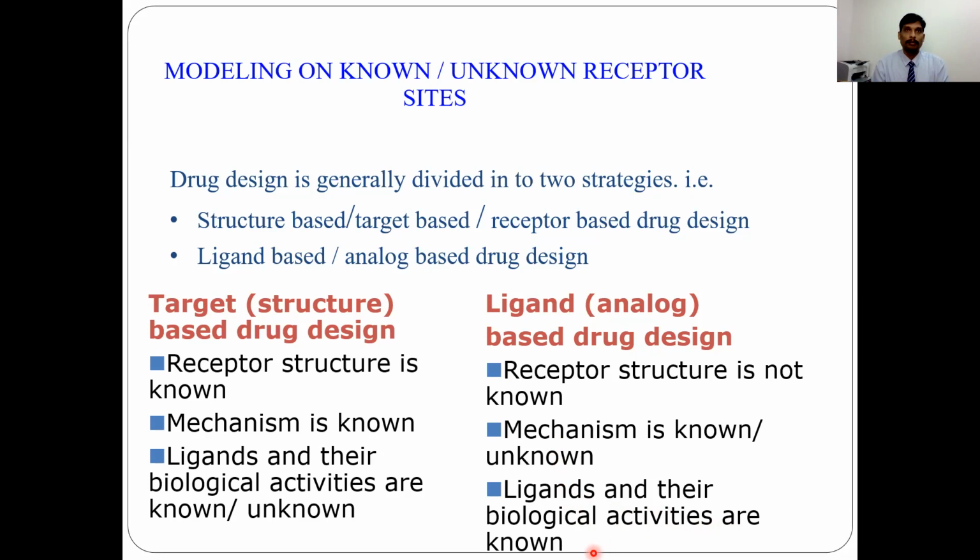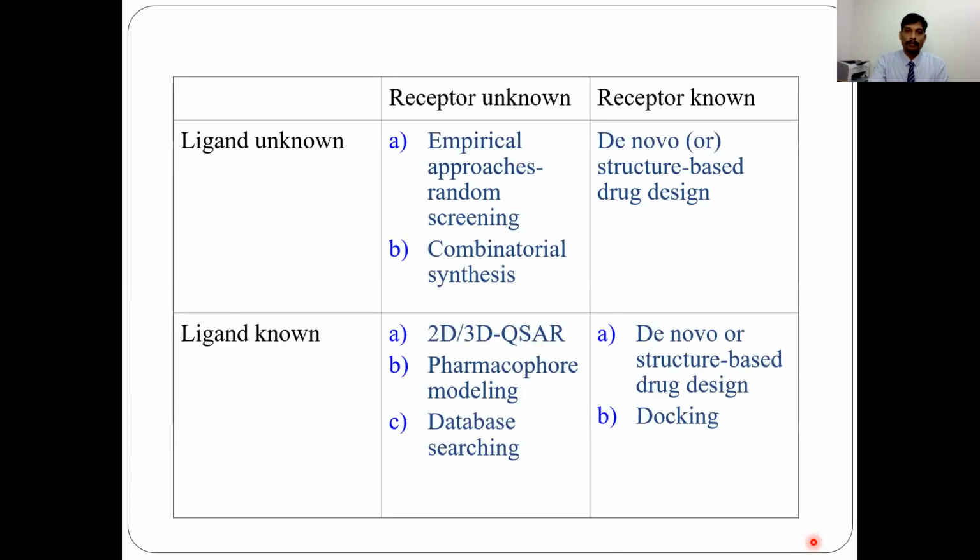Let me give you an example. This is a table with ligand unknown and ligand known, and receptor unknown and receptor known.